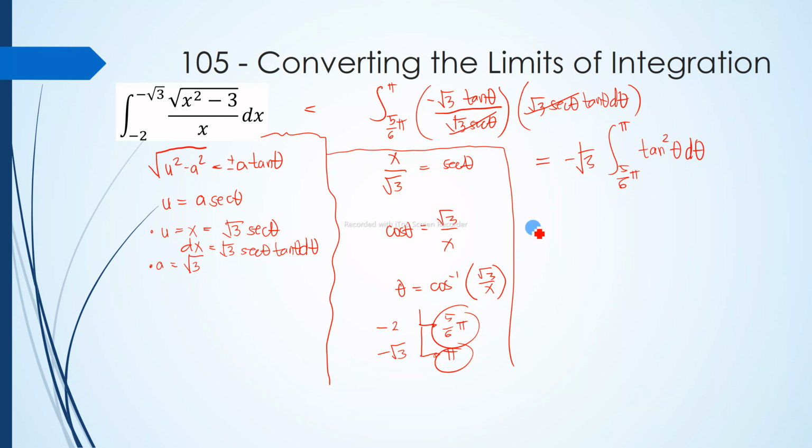So next, you have negative square root of 3 times the integral of secant squared theta minus 1 d theta from 5 over 6 pi to pi. Then we will have negative square root of 3 times tangent theta minus theta, evaluated from 5 over 6 pi to pi.